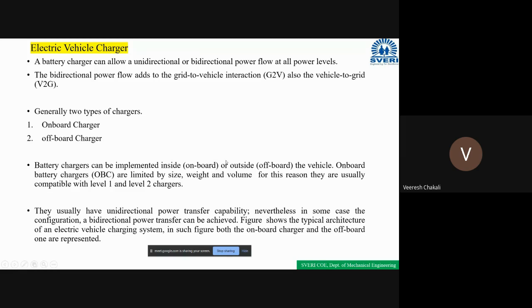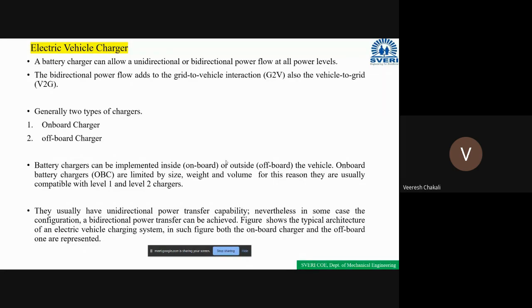Generally, everybody knows what a charger is. Clear? A battery charger can allow unidirectional or bidirectional power flow at all power levels.